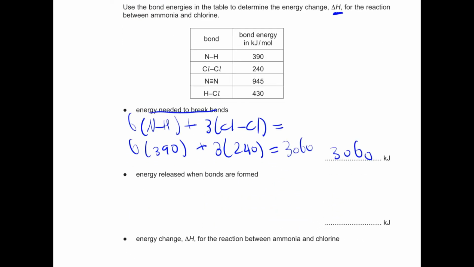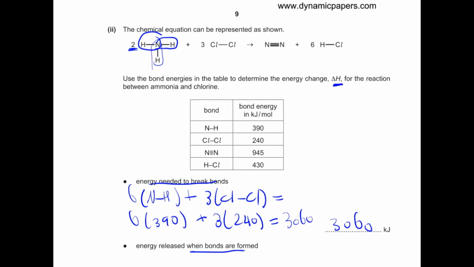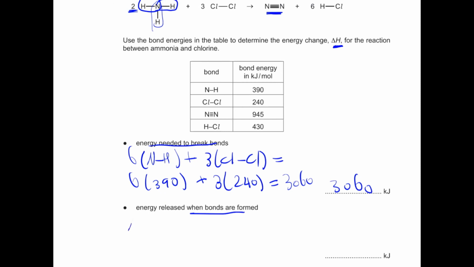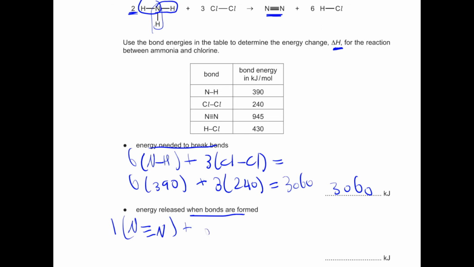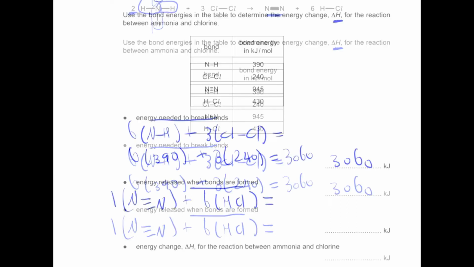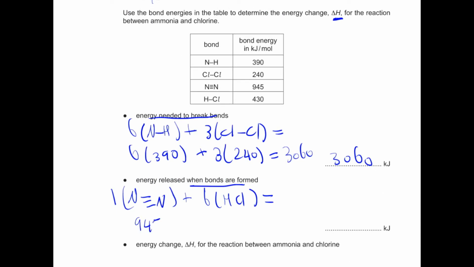Now we're looking for the energy released when bonds are formed, so we're gonna look at the products. We have one of the N triple bond N, so we have N triple bond N multiplied by 1 plus 6 of the HCl, so plus 6 HCl, and that is equal to 945 multiplied by 1 plus 6 multiplied by 430.